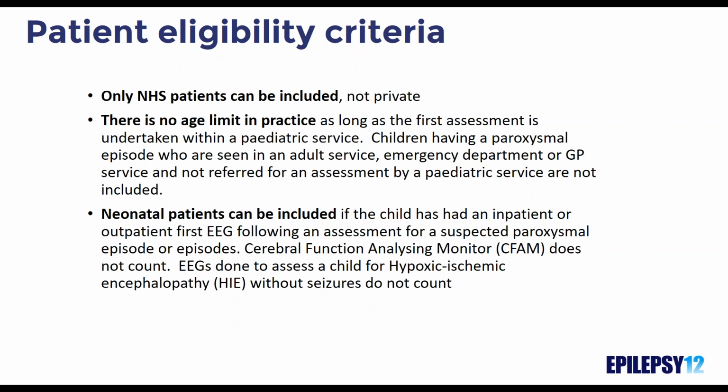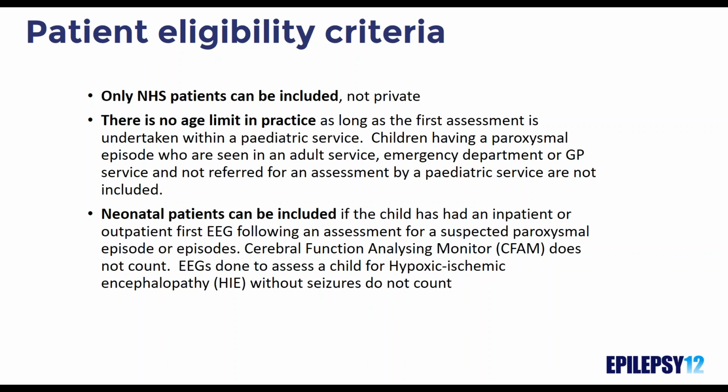So, for example, if they've had a paroxysmal episode and then are seen in an adult service, it doesn't matter what their age, they would not be eligible. If they've not been seen by a paediatric service at all, for example, GP or primary care or emergency department, then they're not eligible at that time, although of course they might be later on.